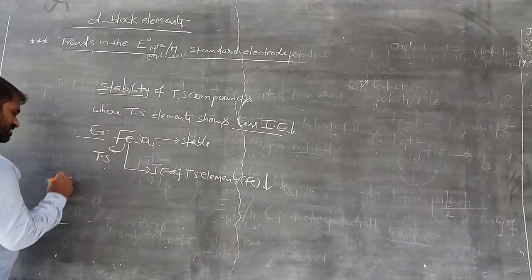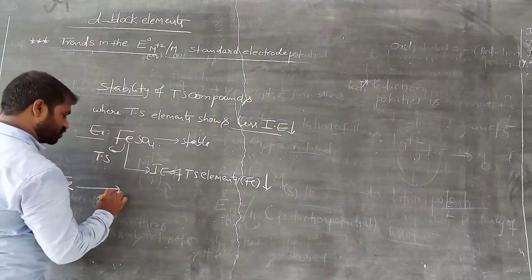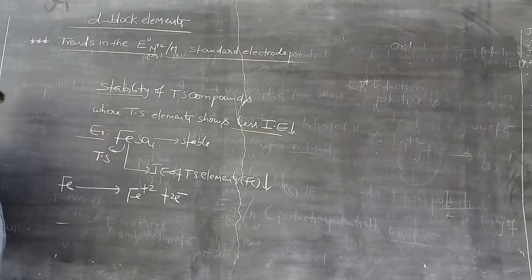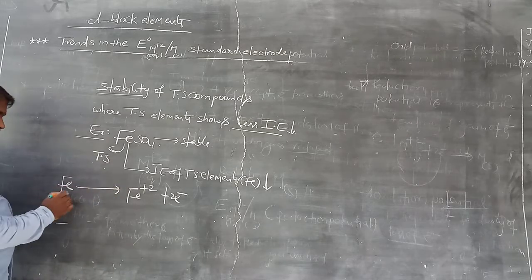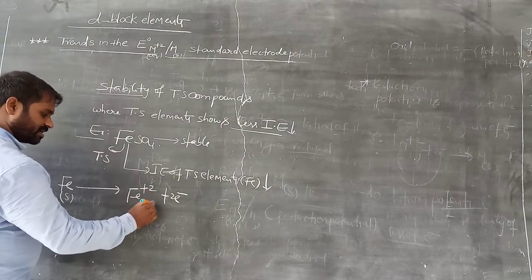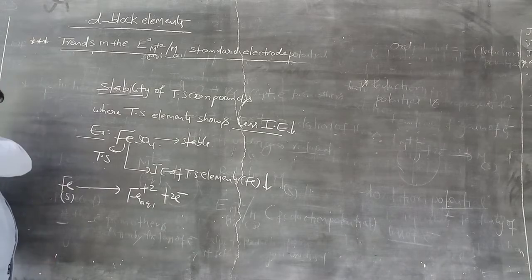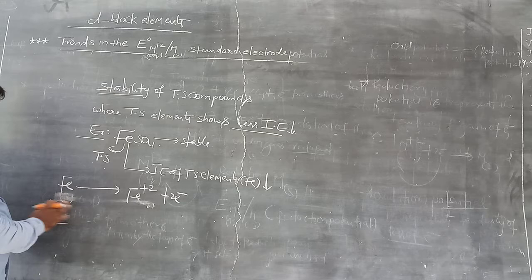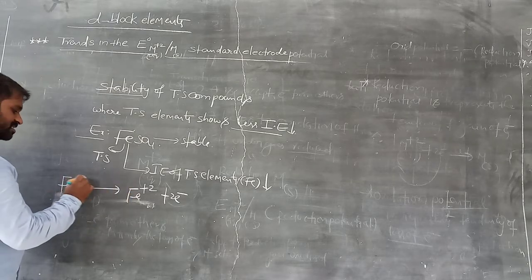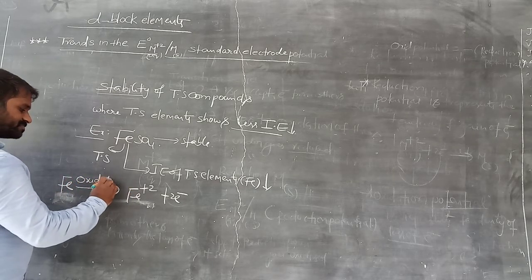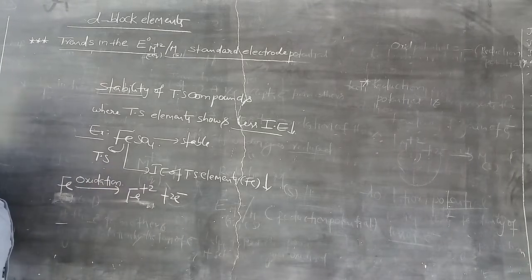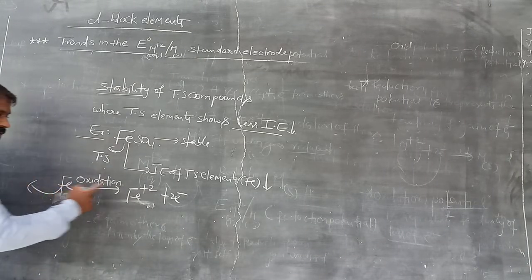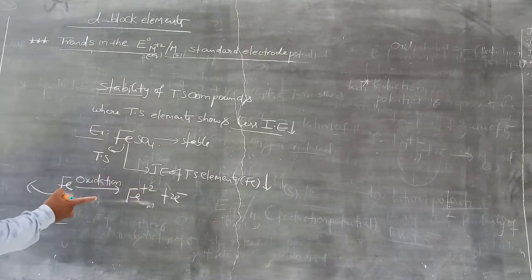Then only this compound is stable. Let's see. This is iron. It loses 2 electrons, am I right? This iron easily loses 2 electrons, or not? Loss of electrons is called oxidation. So iron easily loses electrons, which means it provides the electrons.